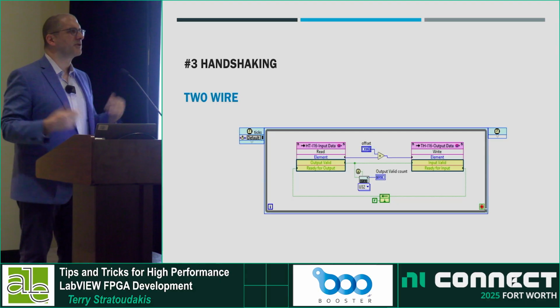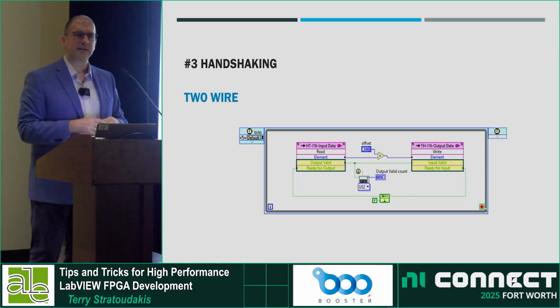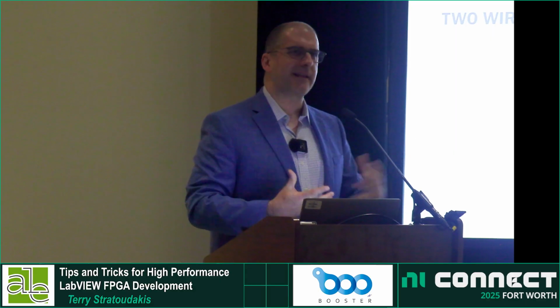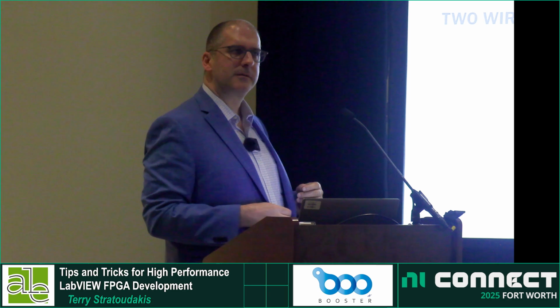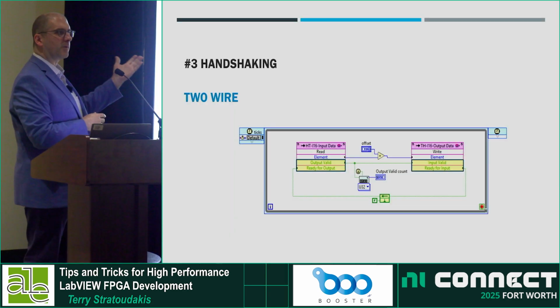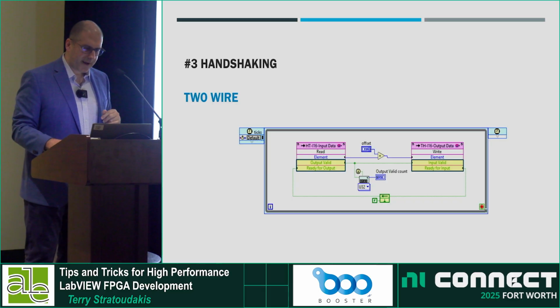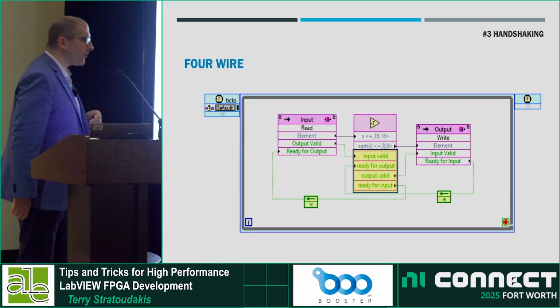We have to find out where the issue is, right? That's the challenge there. I don't know if maybe we're not allocating enough memory to receive all this data, or somewhere there's a bottleneck that we have to resolve. But certainly this here will keep that data. We're only going to process valid data. Now, that's a 2-wire handshaking. There's also 4-wire handshaking.